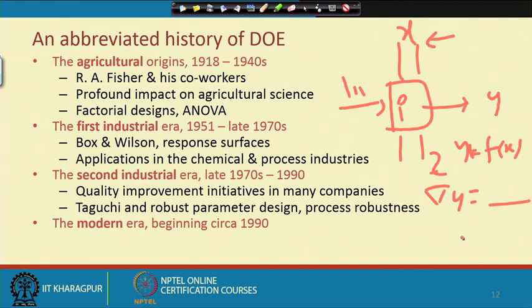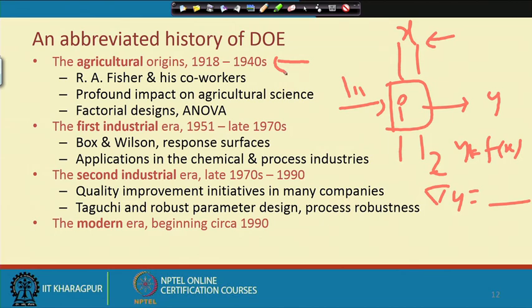But if you see the history of designed experiments, it was not a one-day development; it is a great history. It started with agricultural origins in 1918 by R.A. Fisher and his co-workers, primarily on how to improve the yield from agricultural land, in the era from 1918 to 1940.